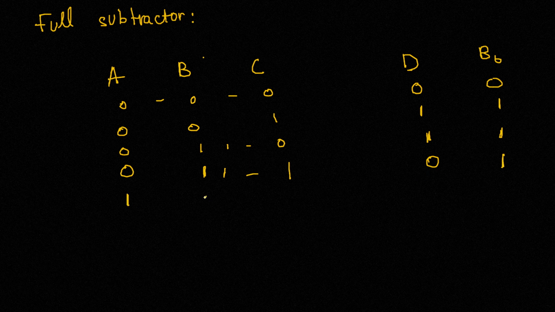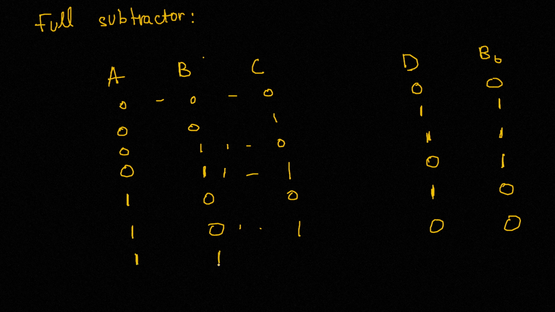So next we have 1, 0, 0. So 1 minus 0 is 1, and again 1 minus 0 is 1 itself. So we have 1 in the difference with no borrow. Then we have 1, 0, 1. So 1 minus 0 is 1, and again 1 minus the result from the first two subtractions, which is 1. 1 minus 1 gives us 0 in difference and 0 in the borrow.